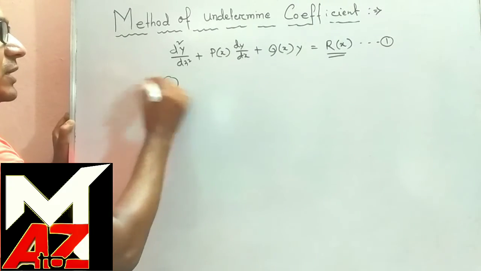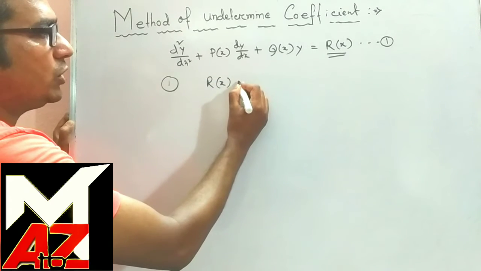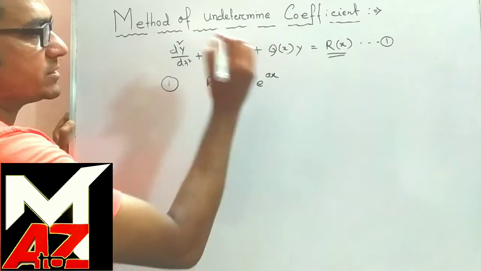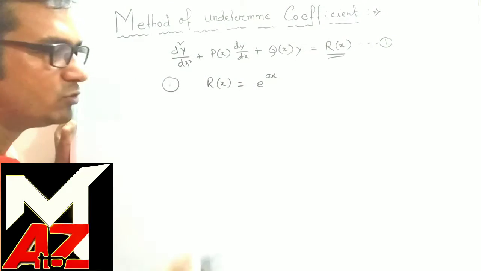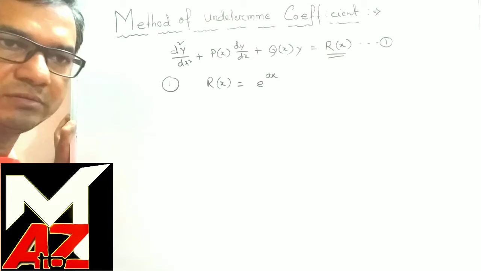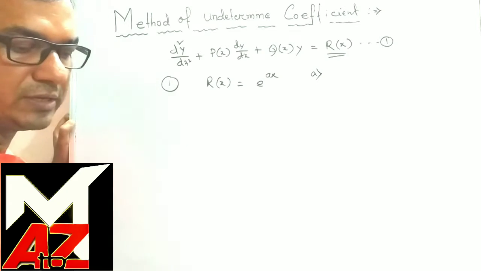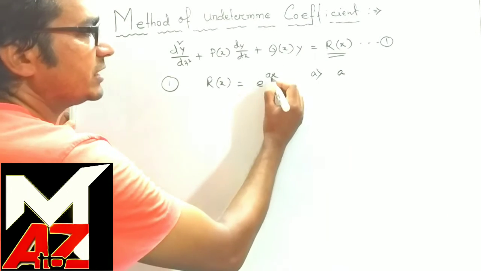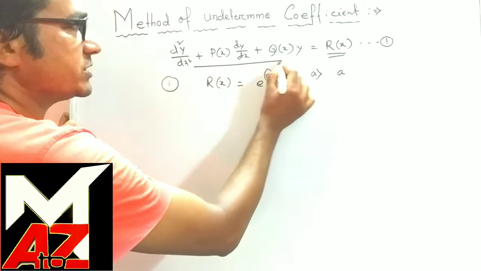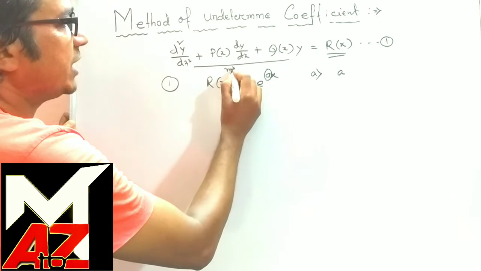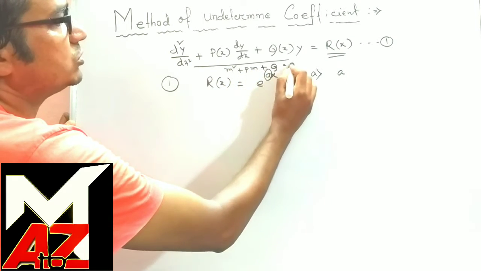At first, if r of x equal to e to the power ax, then case A, if a is not a root of the auxiliary equation, here the auxiliary equation is m square plus p into m plus q equal to 0.